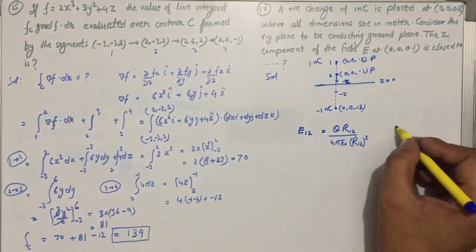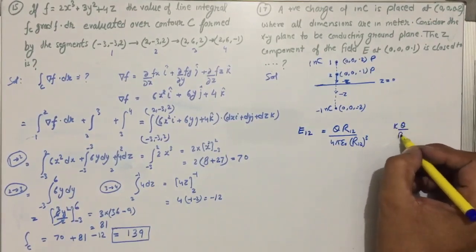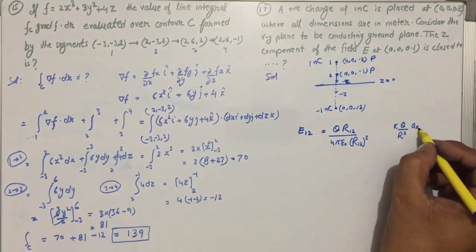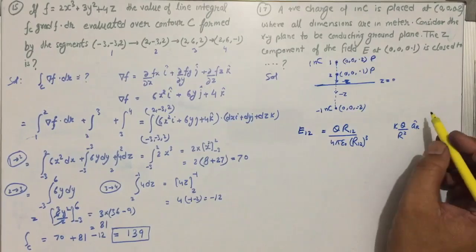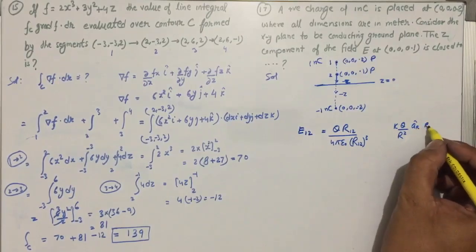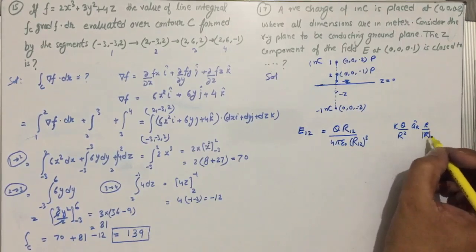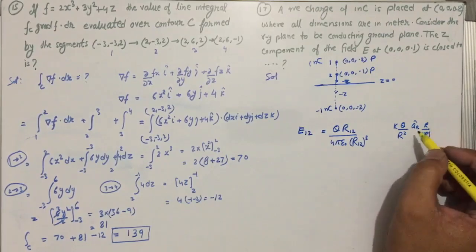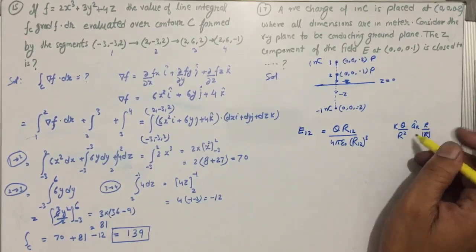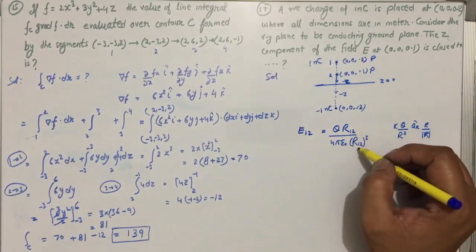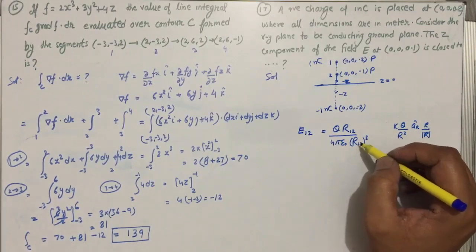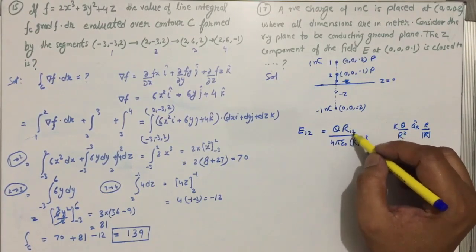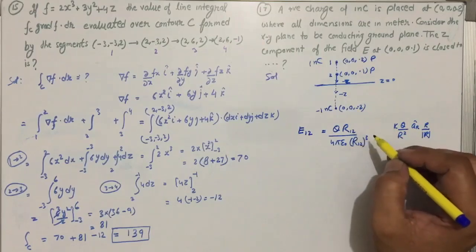Actually the formula is KQ by R square in the direction of AR. So AR can be written as R divided by the magnitude of R. So we have written AR as R12 divided by the R12 magnitude. That's why this term comes at the top.